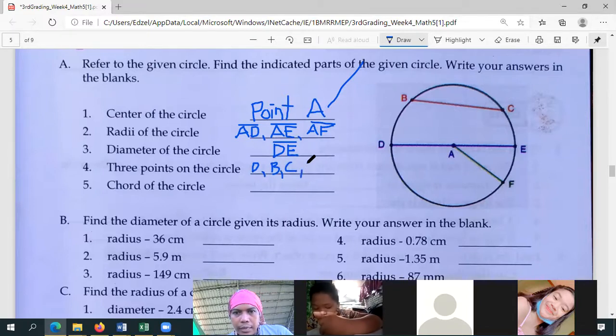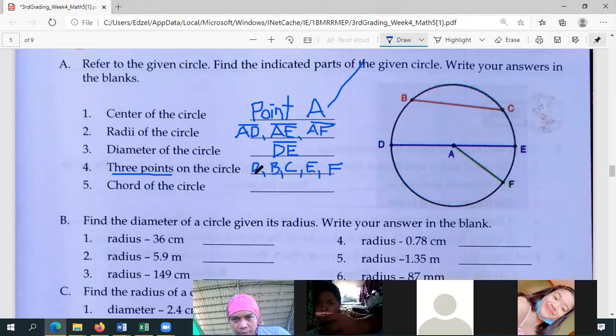Point E is on the circle. And lastly, point F is on the circle. Pero ang iyang gipangayo is 3 points lang, di ba? So, mamili lang kayo ng tatlo dito. Tulo lang ang ibutang. And then number 5, chord of a circle.